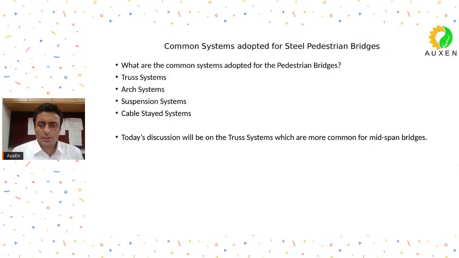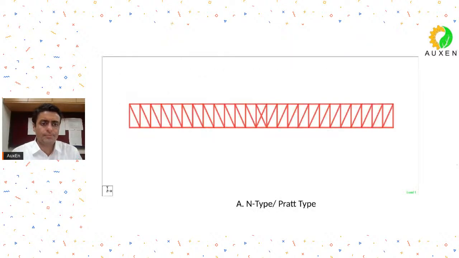Cable-stayed systems can also be used for pedestrian bridges. But today's discussion will be mostly on truss systems. Why truss systems? Because they are more common for the mid-span, mid-length bridges that you often see in the cities. So our focus today will be on the truss type of bridges.